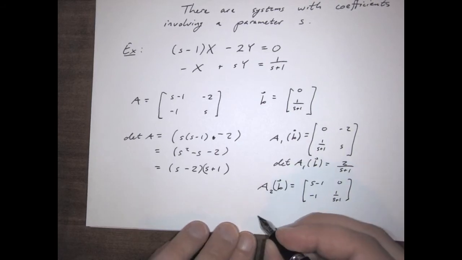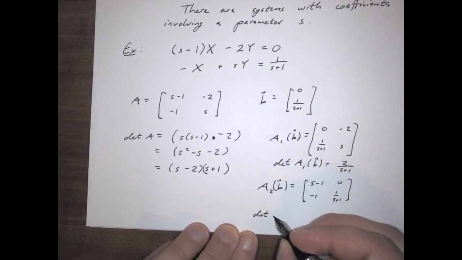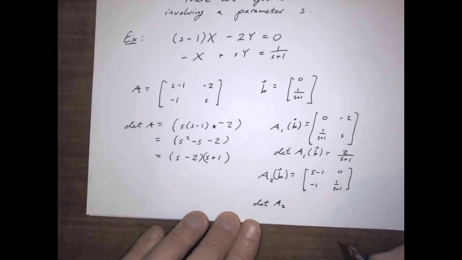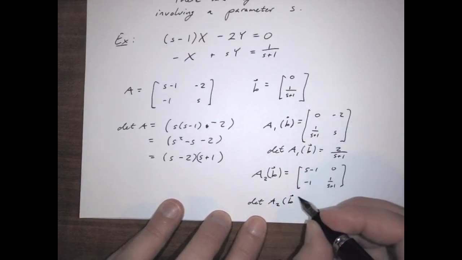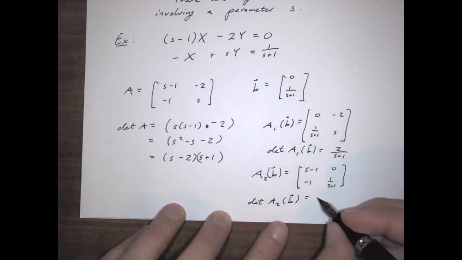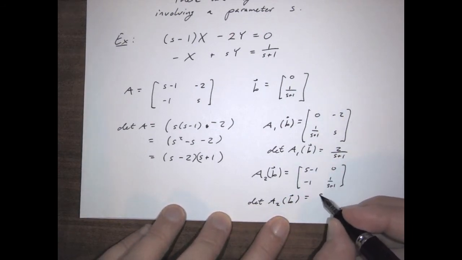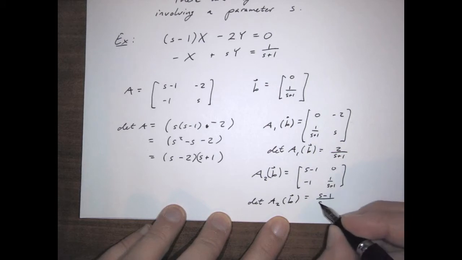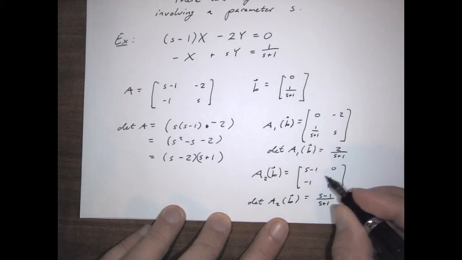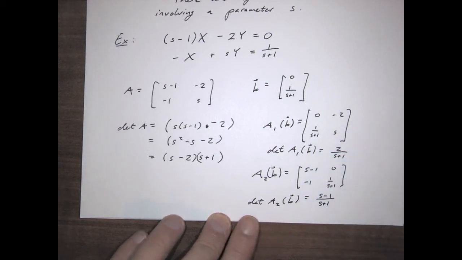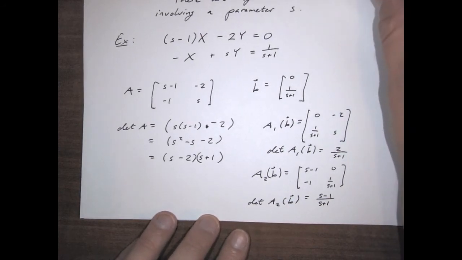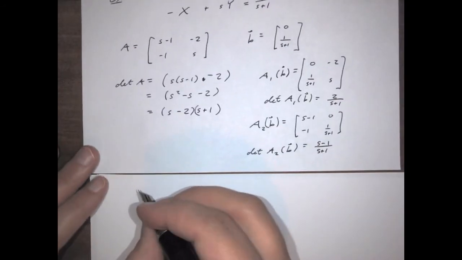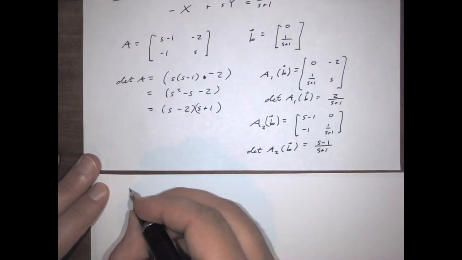So then the determinant of A2 of B is going to equal, looks like s minus 1 over s plus 1, and then minus 0 plus 0, I guess. So then, that gives us our x and our y.